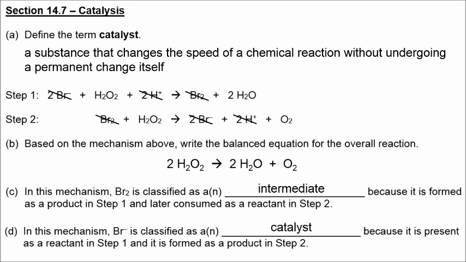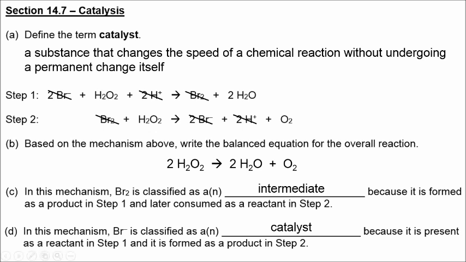But the other chemicals, Br minus as well as H plus, those are classified as catalysts because they are present as reactants in step 1 and then they are later formed as a product in step 2. So a catalyst is added at the beginning, but then you get it back at the end.